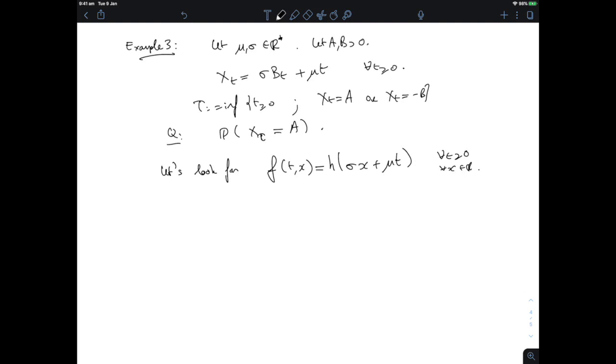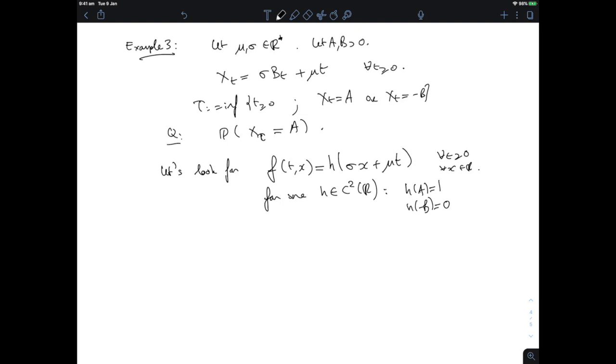And what do I want the function h to be like? I'm going to ask it, of course, to be twice differentiable. And I'm going to fix its values at a and minus b. So I'm going to say that h of a is 1, say, and h of minus b is 0.